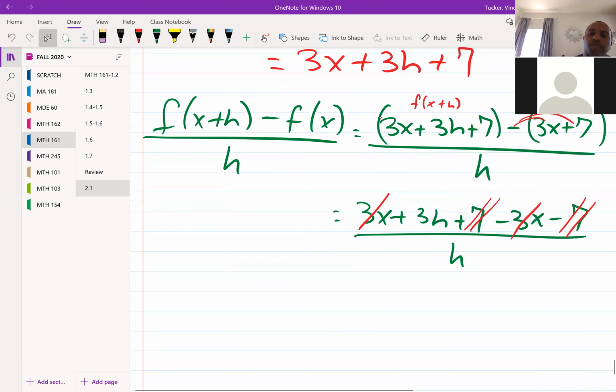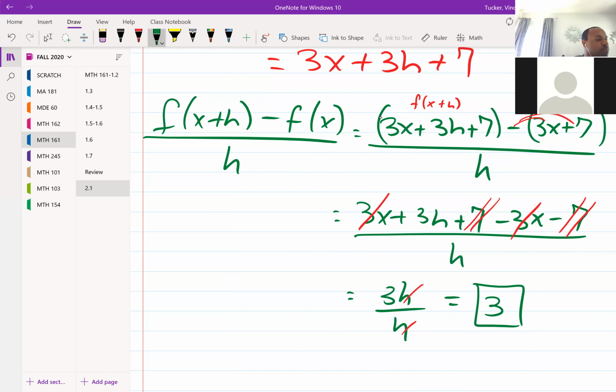This one leaves us with 3h over h. Our h's cancel, and we're left with just 3. All right. Any questions before we step into 2.3? Probably won't finish it, but at least we'll start it.